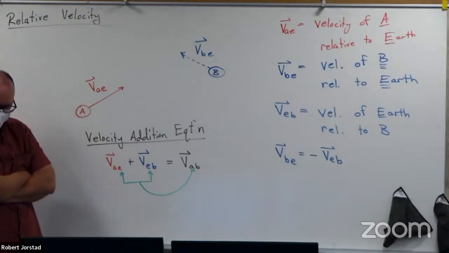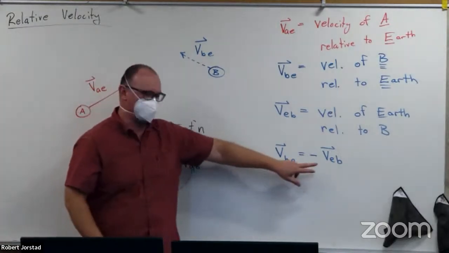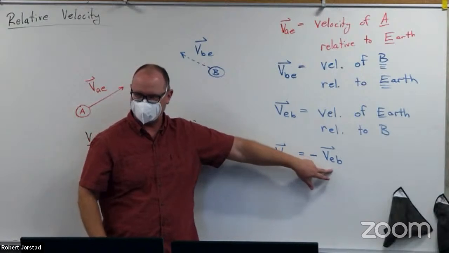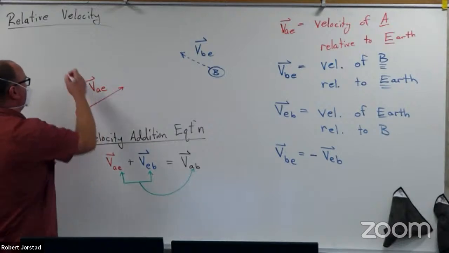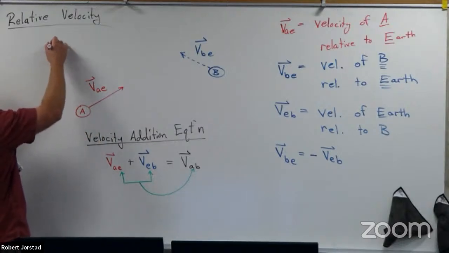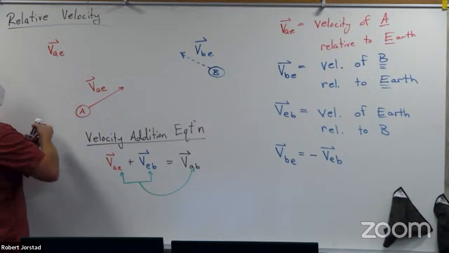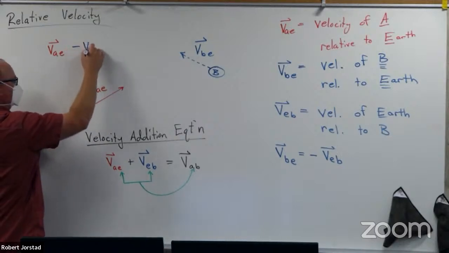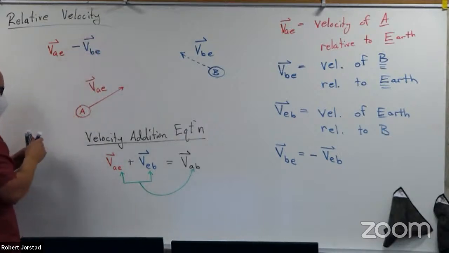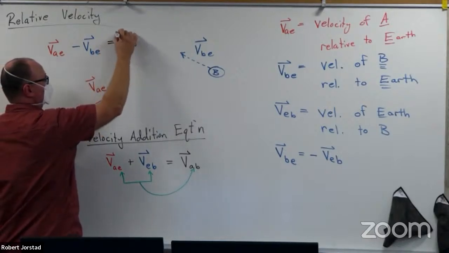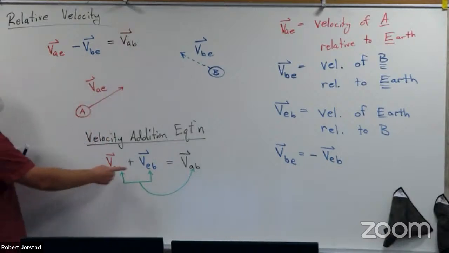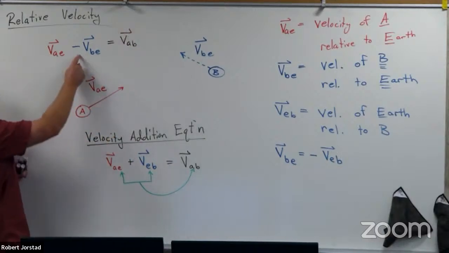So far, so good? Yes. I just had a question. It's only negative when you're comparing the velocities in between the same. If you switch the subscripts on one term, that's when you flip it. Which actually, in a lot of books, you'll see this written this way. You agree the same equation could be written VAE minus VBE. This is another correct velocity addition equation, because take a look, I could flip the sign of this by flipping the subscripts to get this result, right?